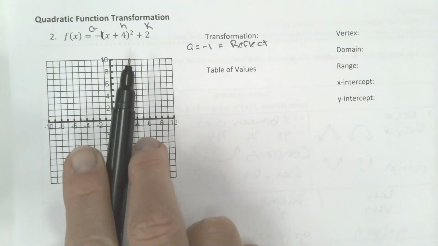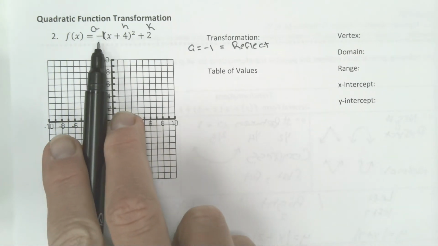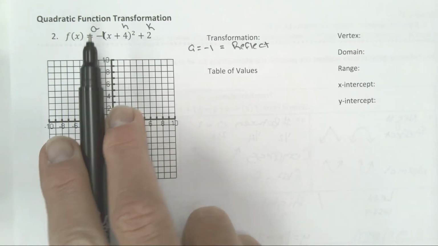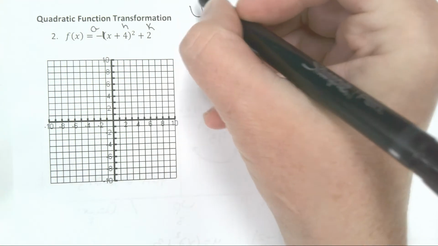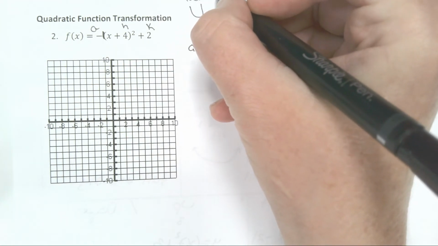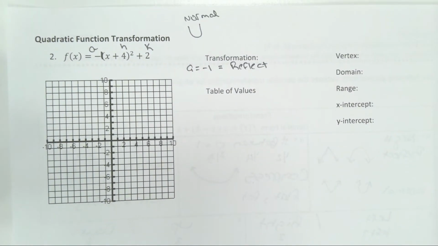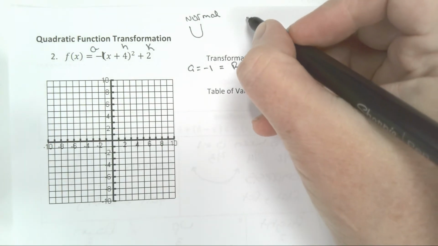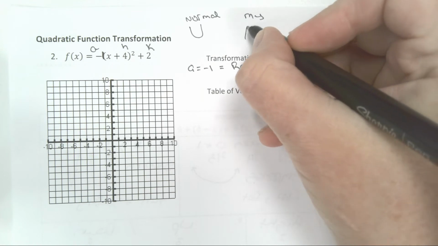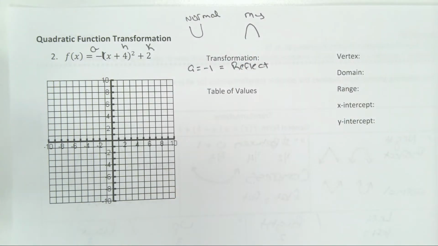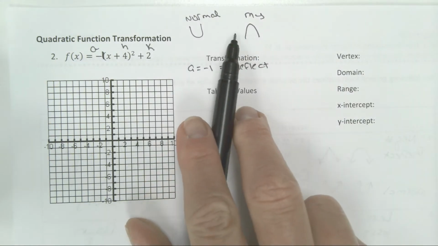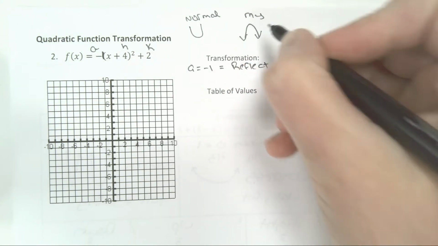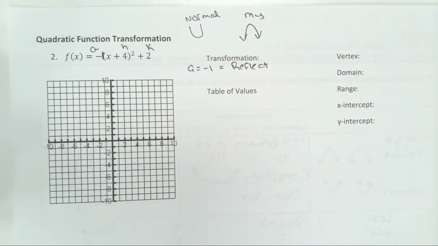So it's helpful to know what these numbers do so that you know that you get a correct graph out of it. So this is what a normal quadratic looks like. If a is negative, I know that my graph should at least be opening down now. So if you don't get a graph that opens down, you need to double check your math.